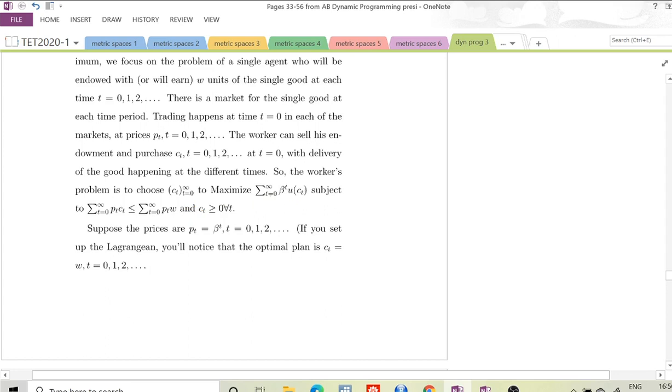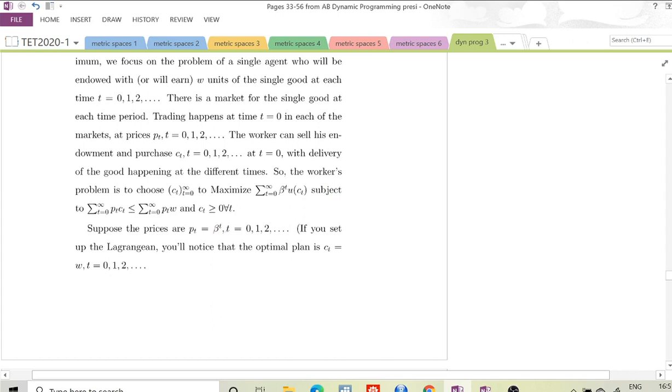In this particular problem, let me backtrack a little bit. Suppose the prices turn out to be p_t equals beta to the t. Don't ask me why, but you must have encountered this earlier in your macro also.